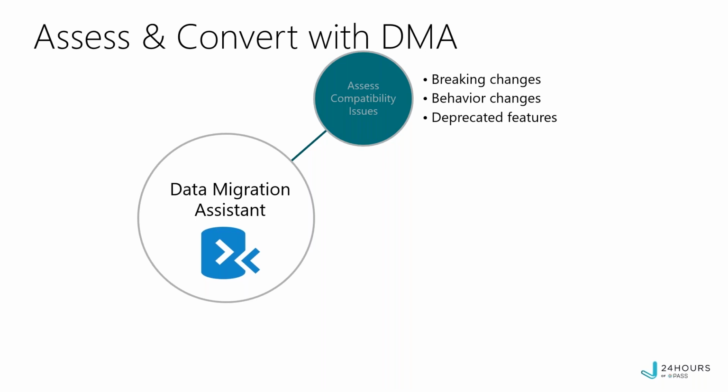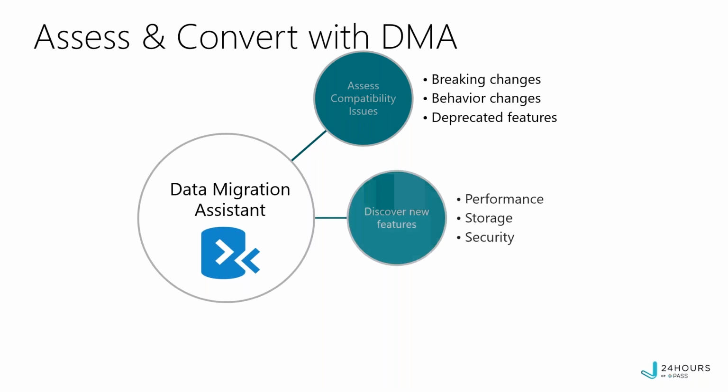So in order to provide you that DB Compat protection, you need to come through this Data Migration Assistant clean with no errors. If you do the assessment and identify any of these breaking changes or deprecated features, you would need to mitigate these issues in order to proceed with your migration and then have that DB Compat protection.